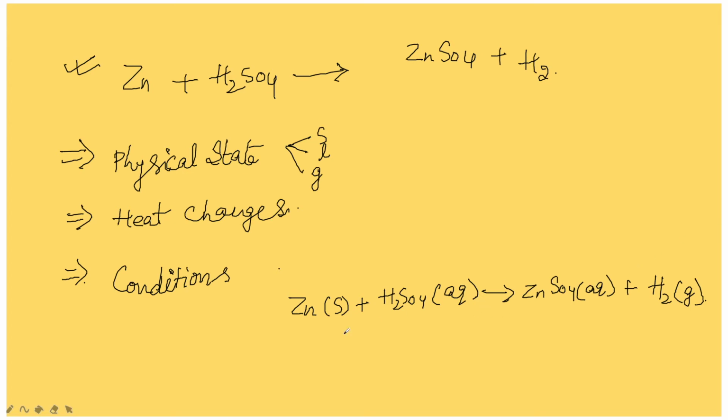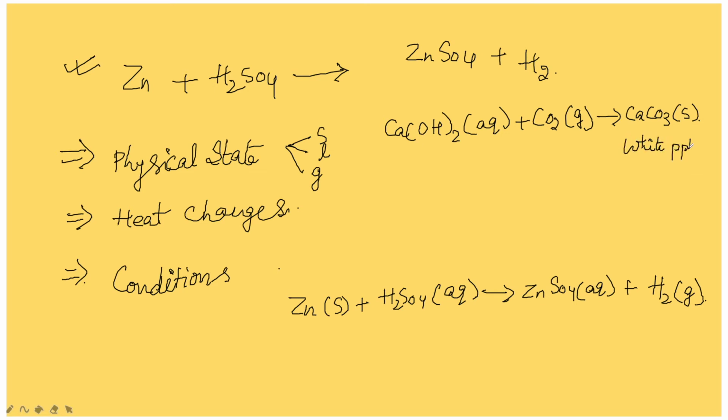One more reaction we will see. Calcium hydroxide is in the form of aqueous solution, plus carbon dioxide is a gas. CaCO3 is calcium carbonate, which is a solid, and here it forms as a white precipitate. That's why we'll show it as white PPT.